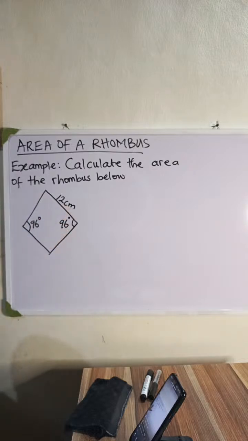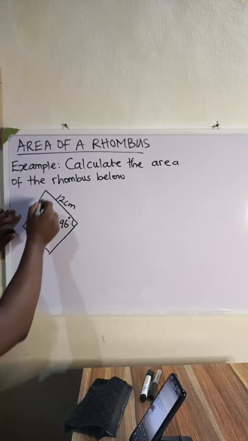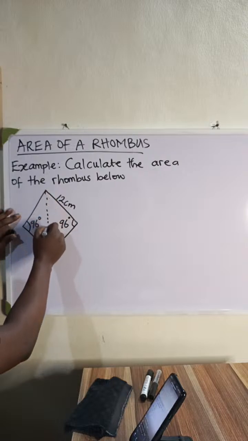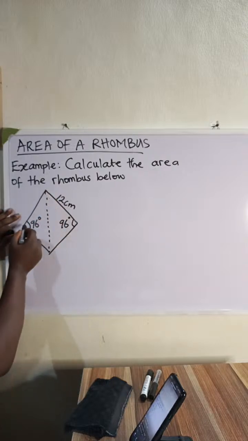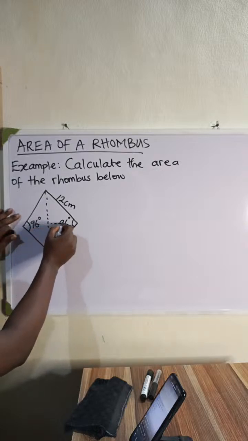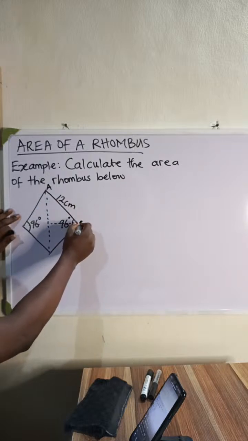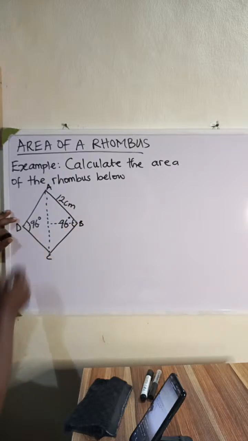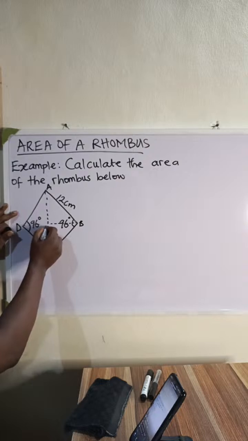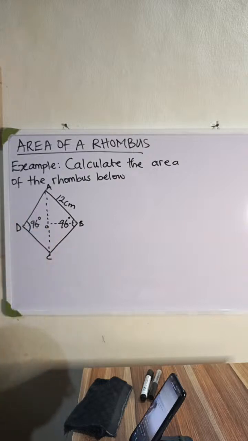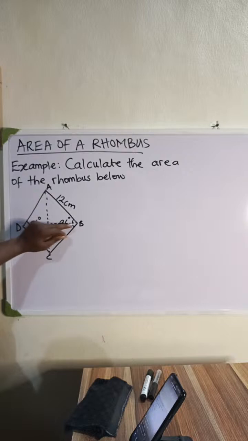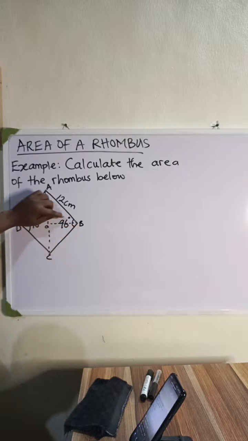So how do we find the area of this rhombus? The first thing we do is we draw the diagonals. Let's call this point A, B, C, D. And this point here is point O. When this diagonal cuts this angle, what will this angle be?